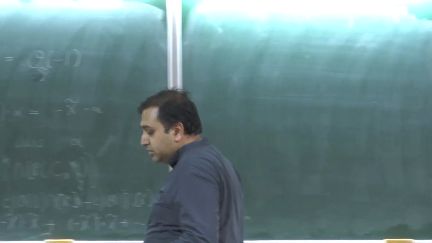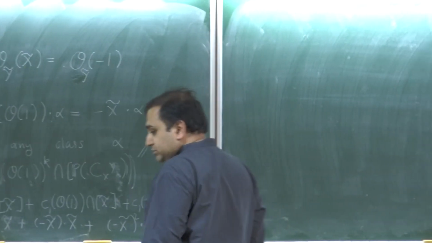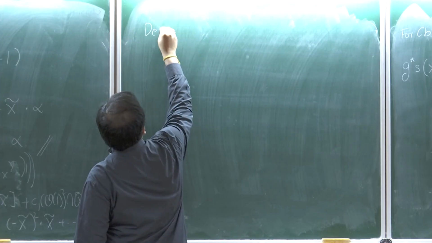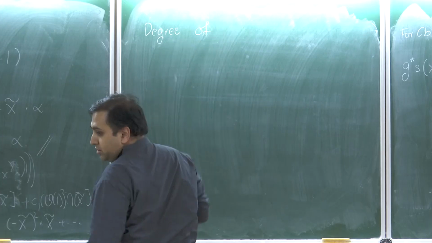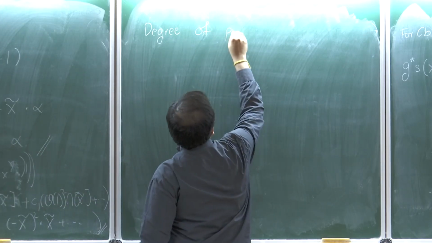We still haven't really gotten a good feel for what the Segre class is supposed to do. So let's talk about possible interpretations of the degree of a projective scheme. So let me just remind you of what this is.